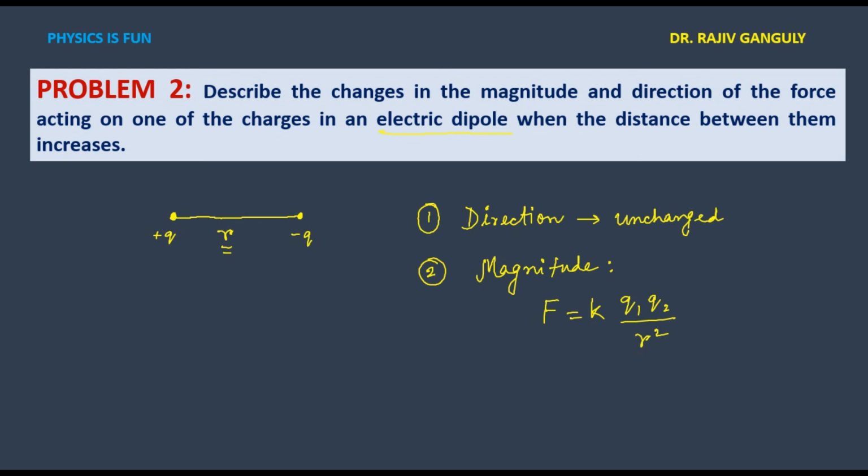So if the value of R increases, we know force is inversely proportional, so the value of force is supposed to decrease. And it's quite logical, as they are moving apart, the distance increases, so the force of attraction between them reduces. So the magnitude does not remain unchanged, it reduces as the distance is increased.